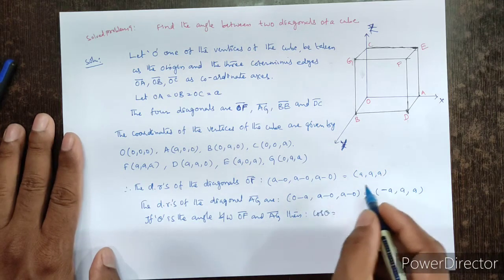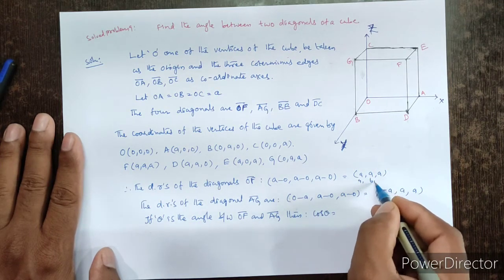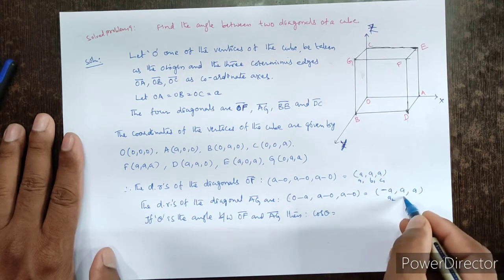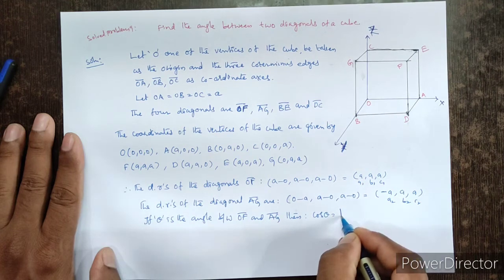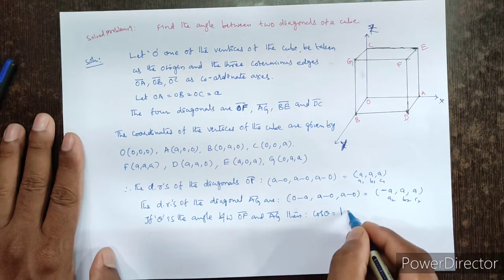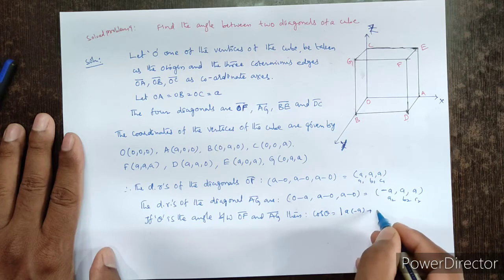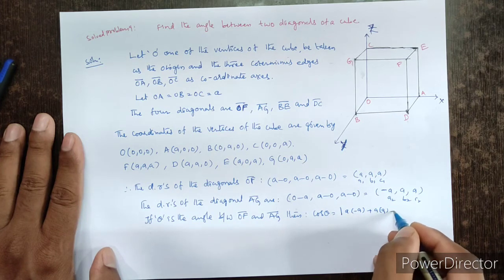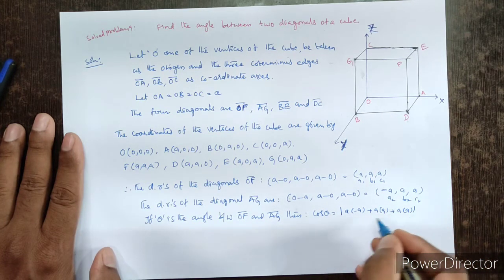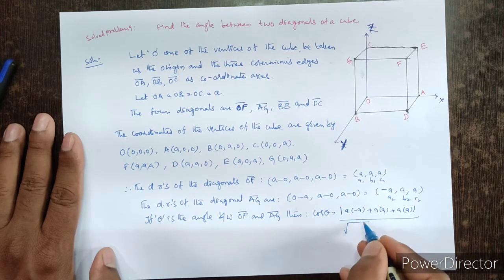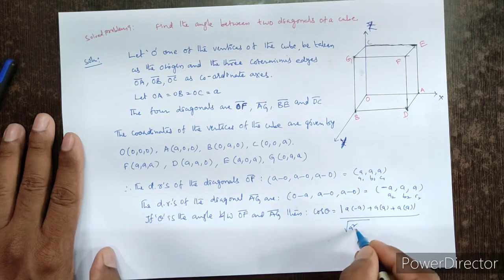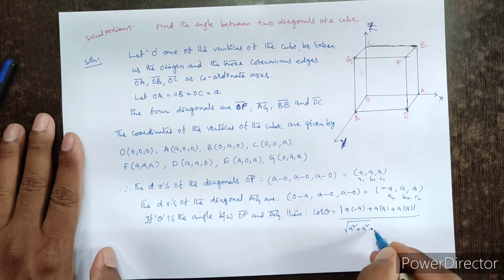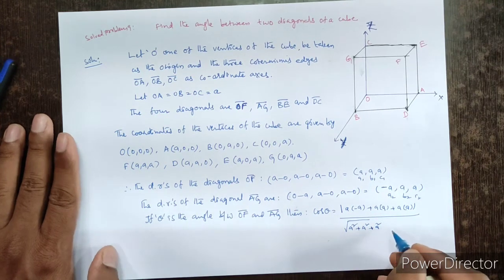So here this is a1, b1, c1, and this is a2, b2, c2.